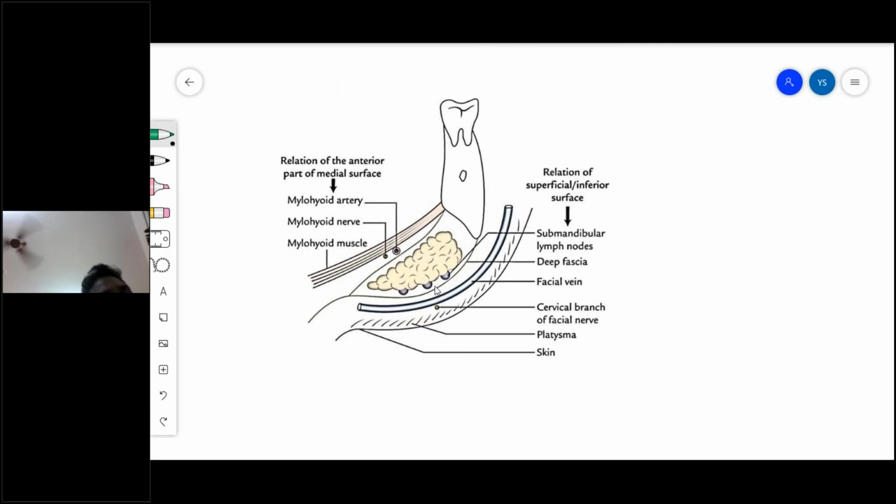Okay. So here we can see relations of the two surfaces. So this one is the medial surface, that side, and this side is the inferior surface. Is it clear?